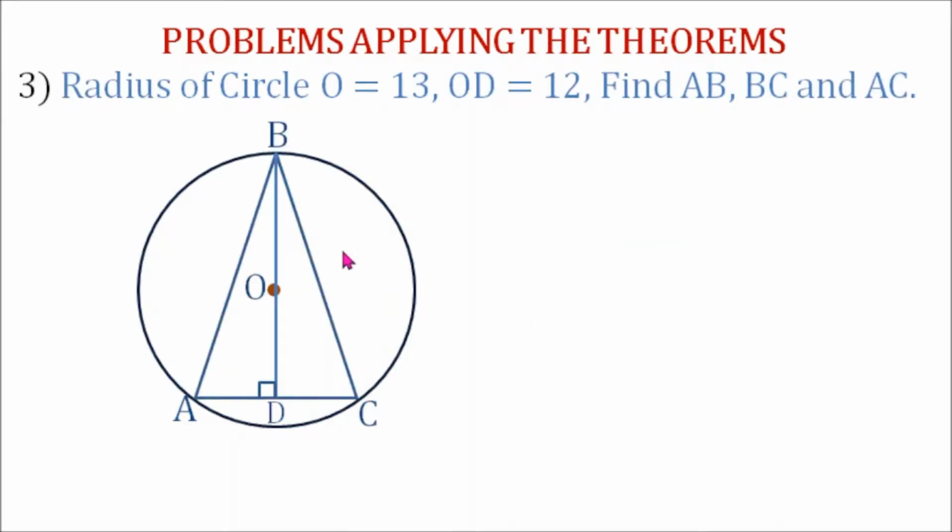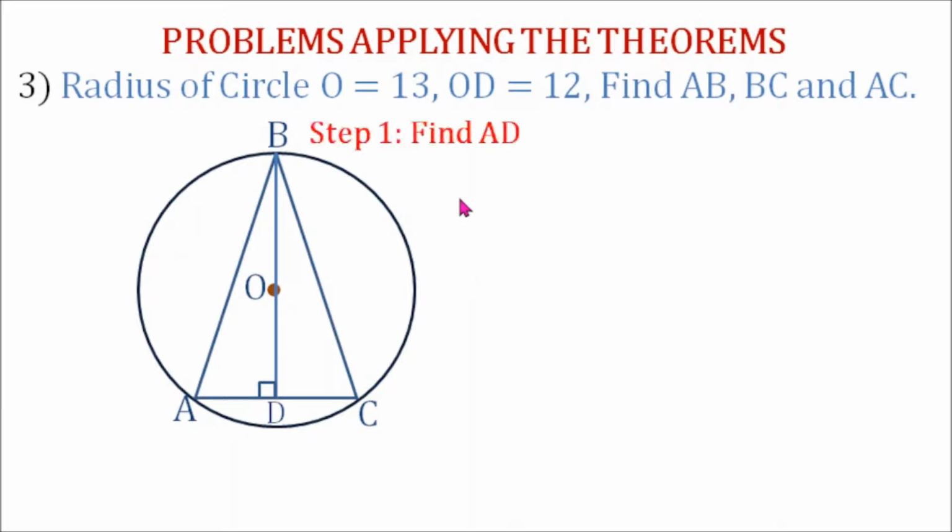Problem number 3. In our figure, the radius of circle O is 13. Then OD equals 12. So find AB, BC, and AC. We are asked to find the lengths of the sides of inscribed triangle ABC.